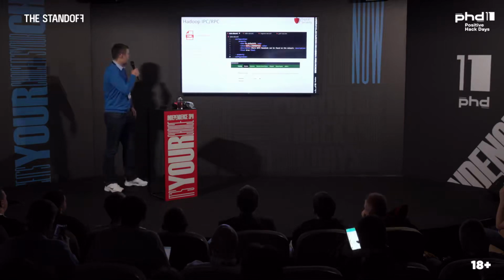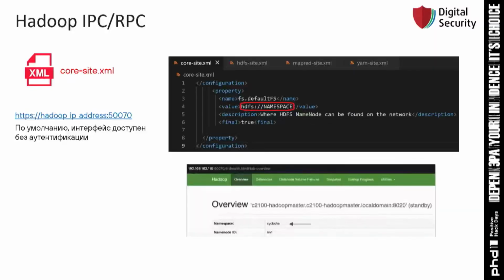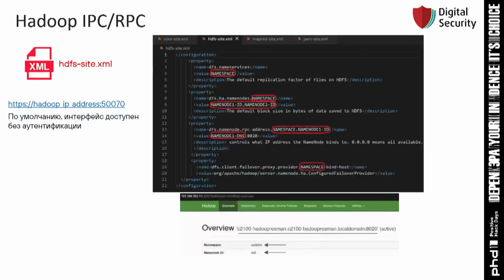A few words about Hadoop IPC RPC. Core-site XML is needed here, and its value, the HDFS namespace. Take a look at the Hadoop UI at port 50070, and you find all the values needed.